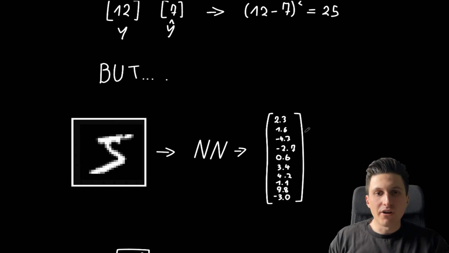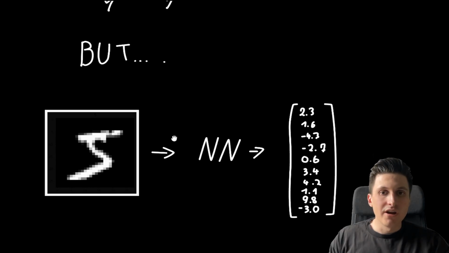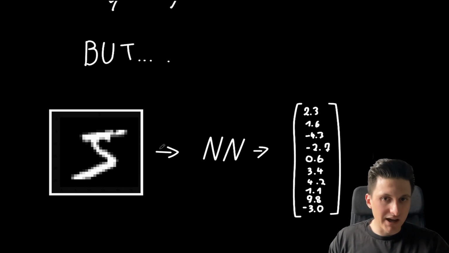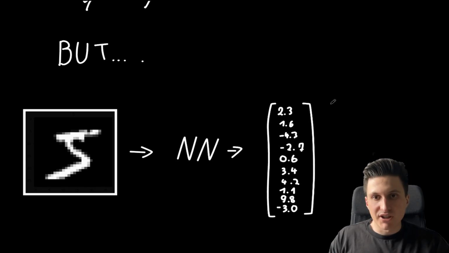But our task is a bit different. First off, this is not a regression task, but a classification task. As given an MNIST image input, what our network will do is output a tensor of size 10, where each number will be associated with a prediction for the output.